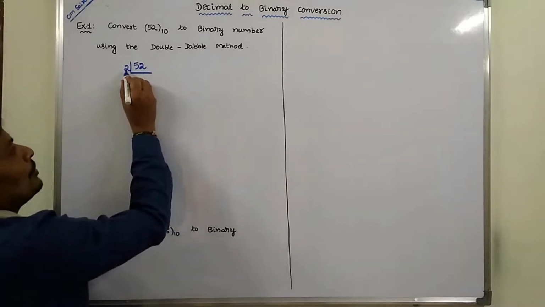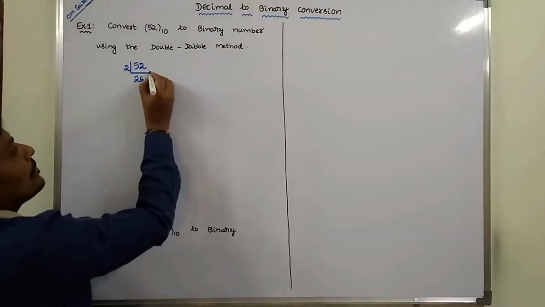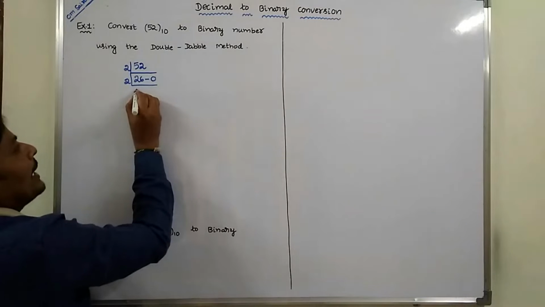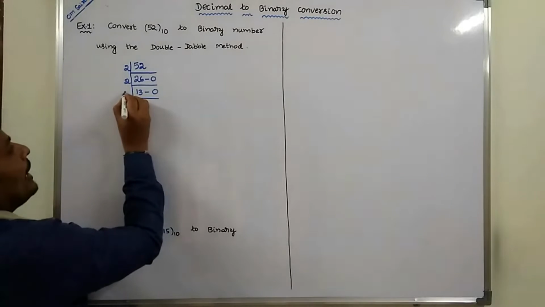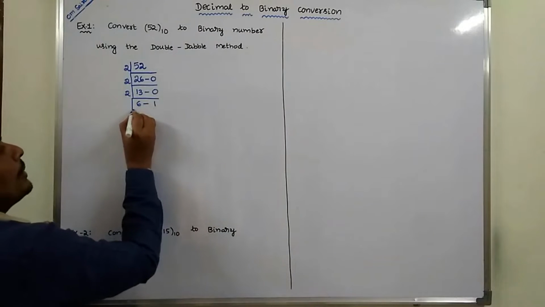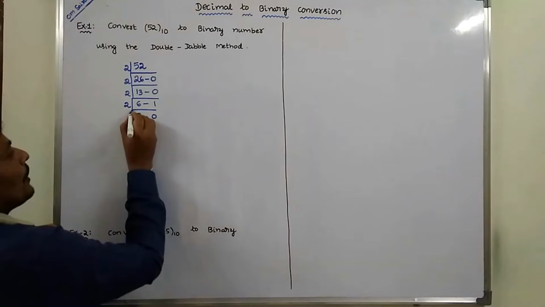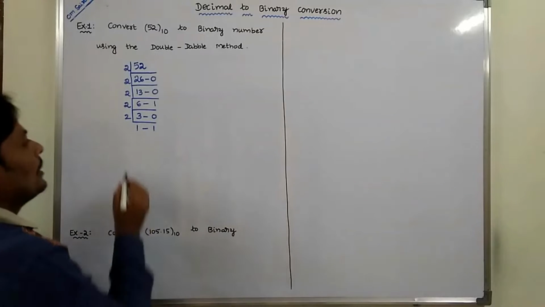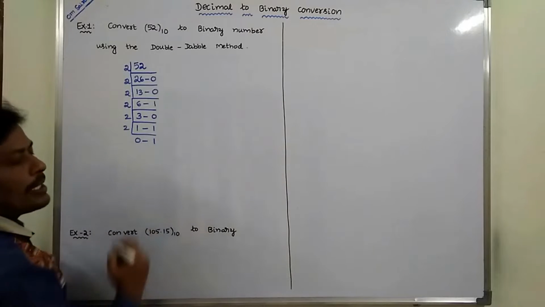Now 2 divides 52, 26 times, remainder is 0. 2 divides 26, 13 times, remainder is 0. 2 divides 13, 6 times, remainder is 1. 2 divides 6, 3 times, remainder is 0. 2 divides 3, 1 time, remainder is 1. 2 divides 1, 0 times, remainder is 1.